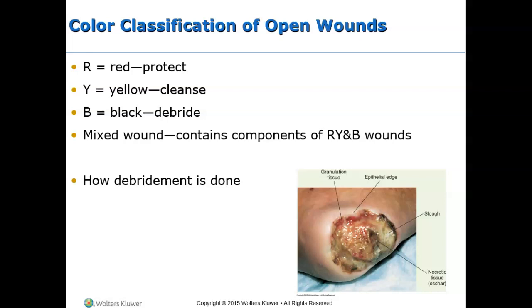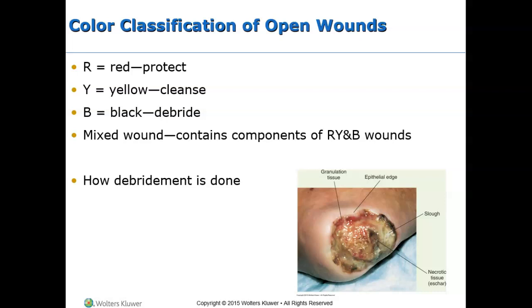They need protection and gentle cleansing and use of moist dressings, being changed only when necessary. Y stands for yellow wounds, and it indicates the presence of exudate or slough, and it requires wound cleaning. There is usually oozing of purulent yellow or white or beige drainage. These wounds require wound cleansers and irrigation.